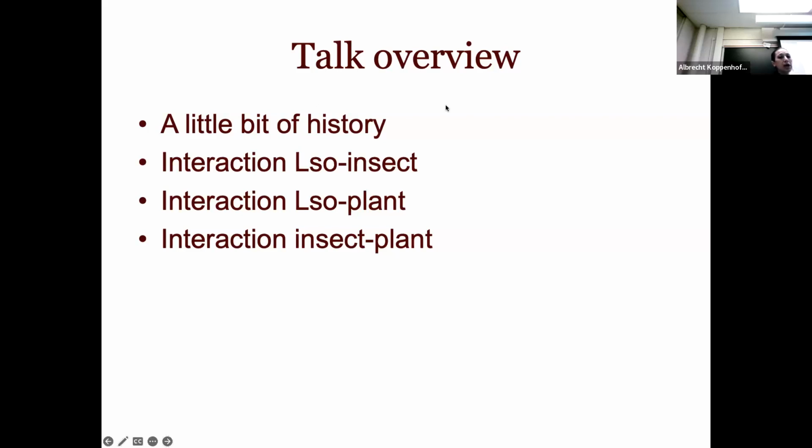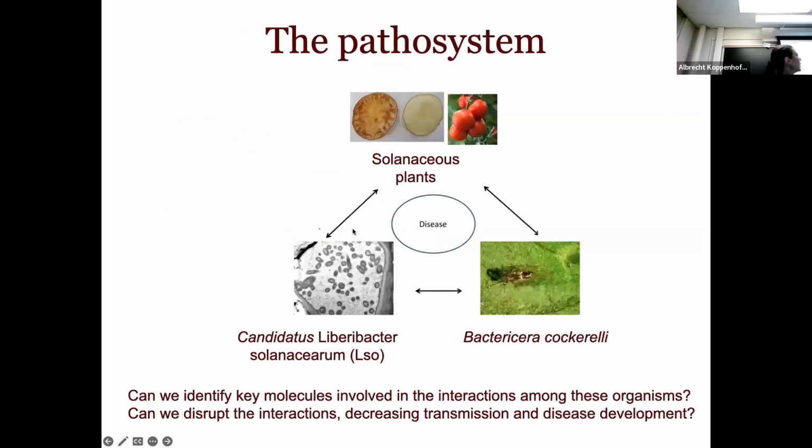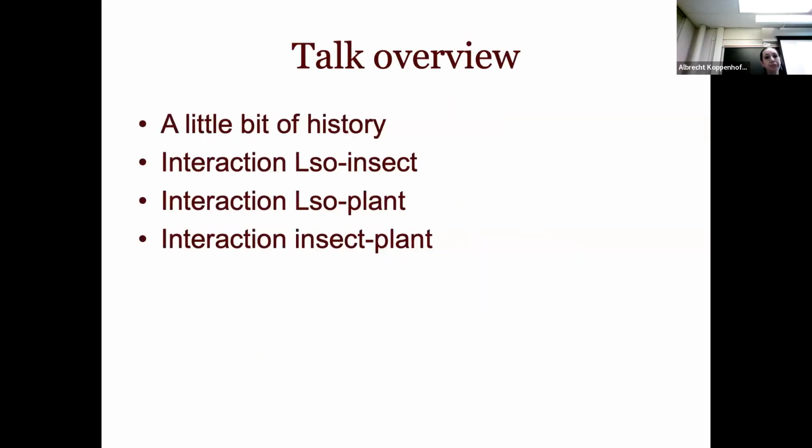Then we are going to talk about the interactions between LSO and the insect, LSO and the plant, and the insect and the plant. I forgot to say why we do that: if we're able to disrupt any part of the disease triangle, then there's no more disease. So what we are interested in is disrupting those interactions.